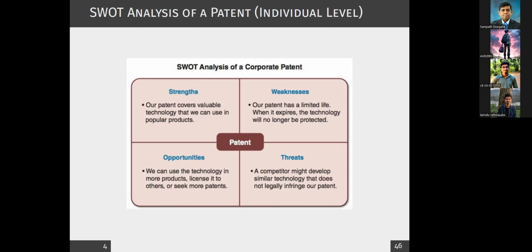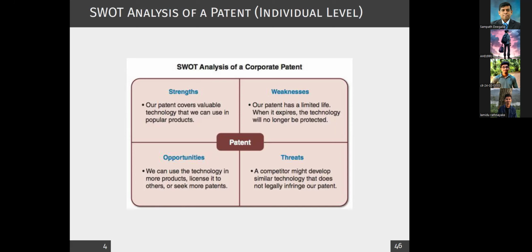You can say it's small compared to the previous one we looked at as a whole. So this is like individual level. This analysis is focusing on a particular patent. It says the strength is that the patent covers valuable technology that we can use in popular products.